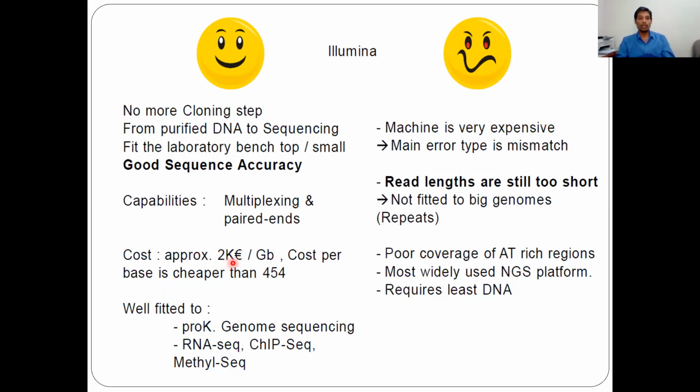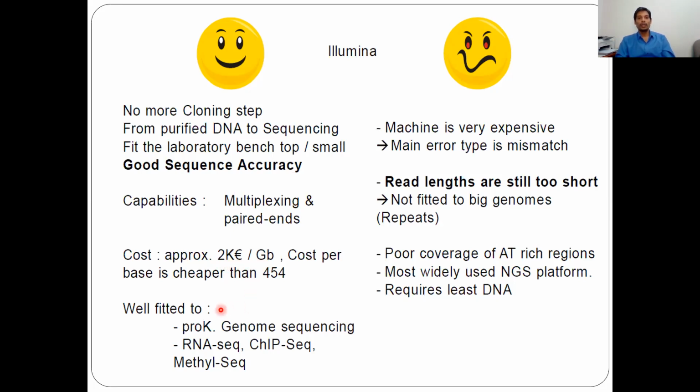Previously it was 2000 euros, which is very low per GB compared to Sanger. Sanger, even now with automation, requires a lot of cost. But 2000 euros per GB a few years back, now I think even 50 euros is enough, I guess. Not even 2000, 50 euros per GB is also fine.